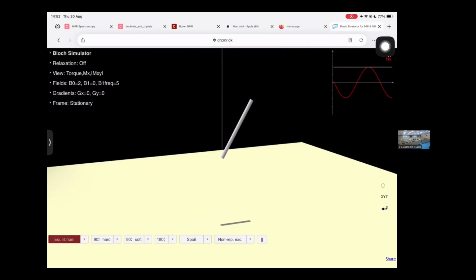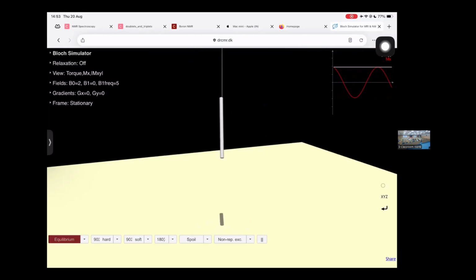Here you are not looking at spins, you're looking at magnetization. When the magnetization is not along the z-axis, are you able to see there is precession going on for the magnetization about B naught? The B naught, what you see here is the gray line along the z-axis. And the precession for the magnetization is about that axis. Are we able to see it?